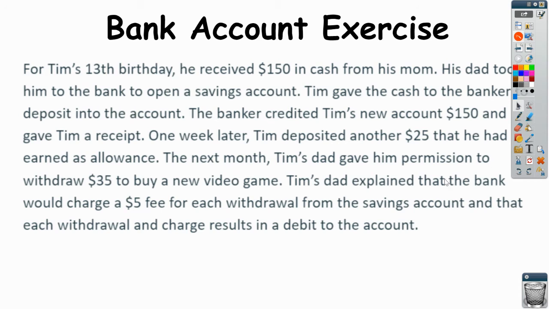All right, so now that you've had a chance to read this paragraph, the first thing I want to do is just look at the amounts in this paragraph. So we've got $150 here, another $150, $25, $35, and $5. Okay, so I'm hoping you saw all those and noticed them as you were reading this paragraph.